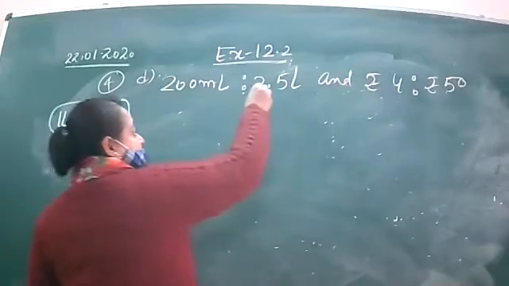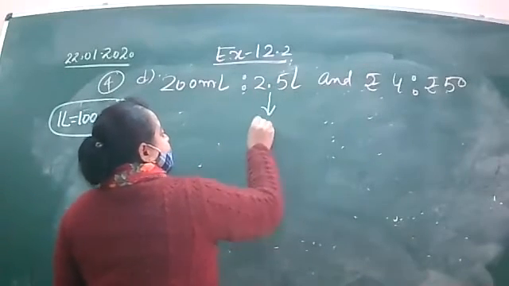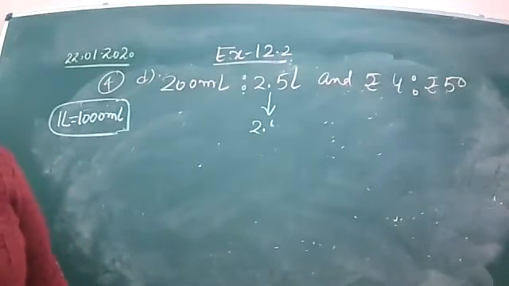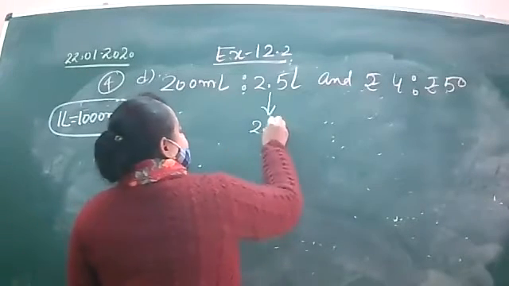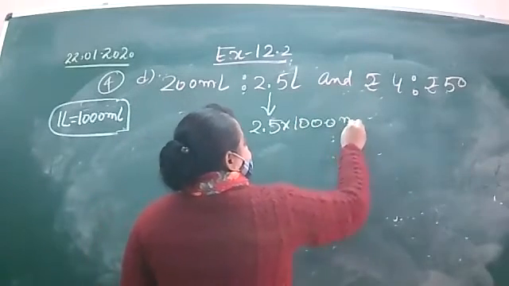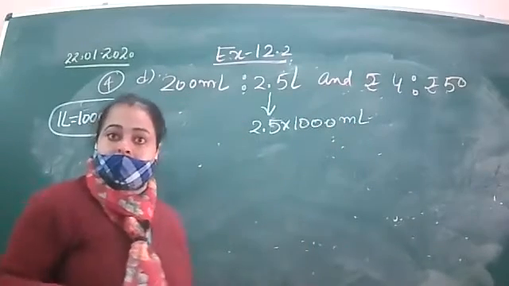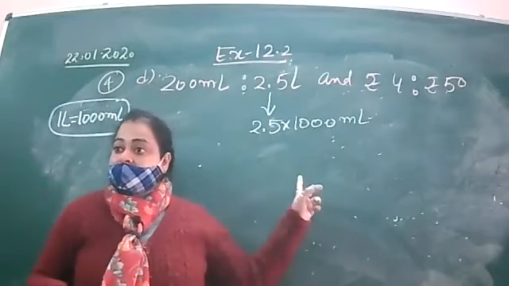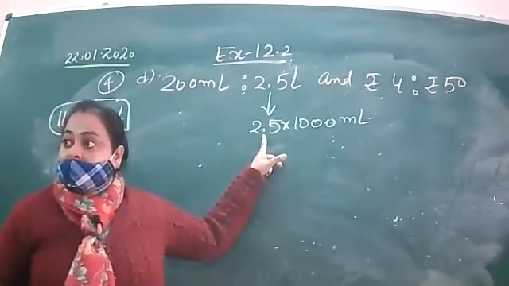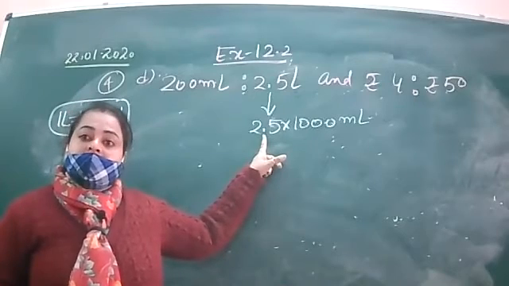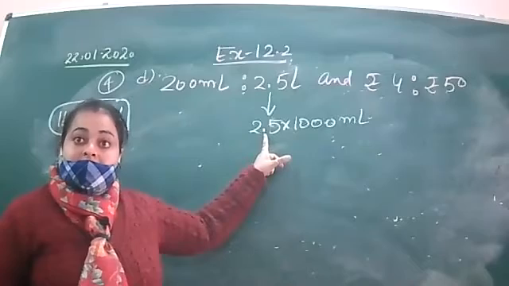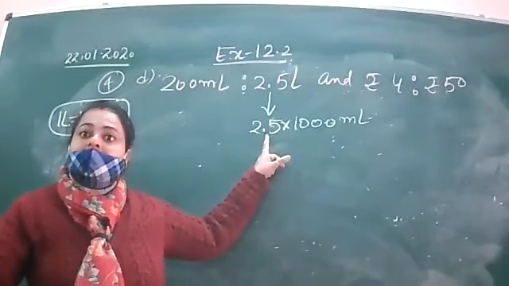Now first of all do the conversion. 2.5 multiplied by 1000 and this will change to milliliter. To solve this part, I am going to remove this decimal. It is not compulsory. You can solve this by removing this decimal or by direct multiplication, your wish.